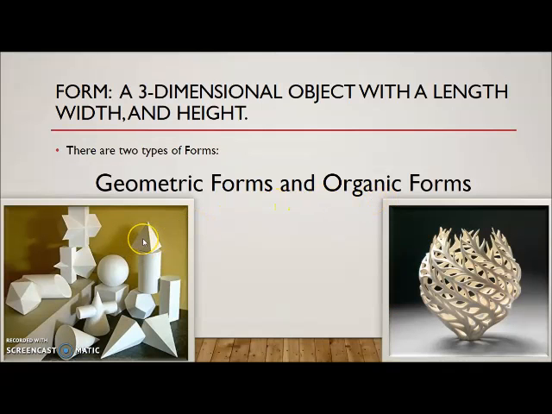In this image here, we see the pyramid, the cylinder, the sphere, the cone, and an array of other geometric forms arranged in this artwork. These are all examples that we see in math that are measurable, as in we can find the volume and surface area of these three-dimensional forms in math.